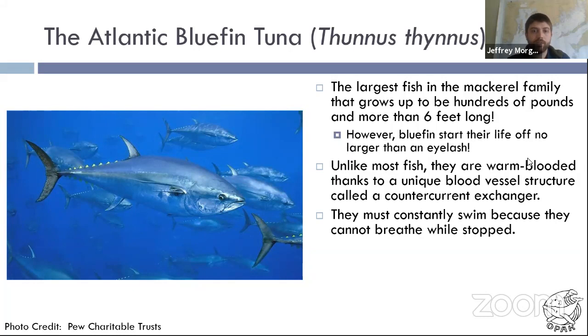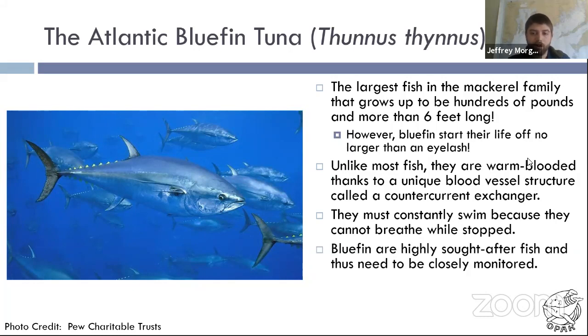The Atlantic bluefin tuna is highly sought after as a fish for our restaurants and sushi. Every year, the first fish sold in Japan goes for really record numbers, record dollar amounts.